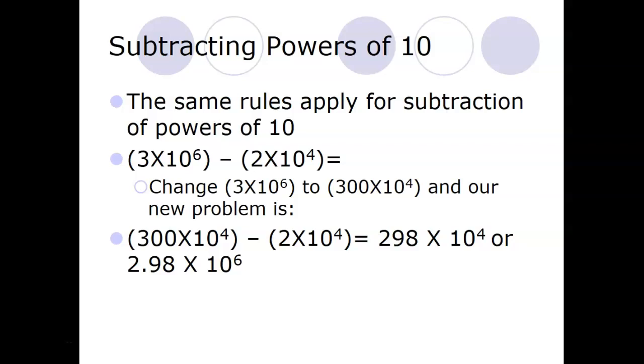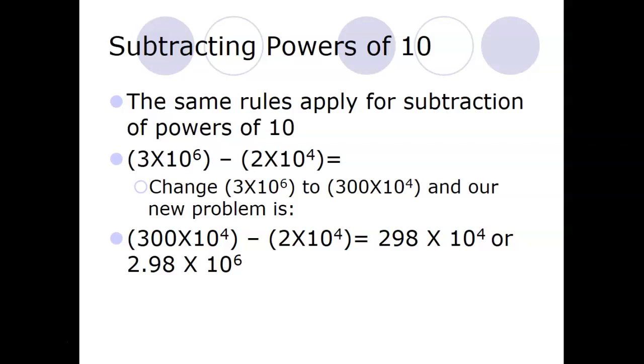So I could leave it as 3 times 10 to the 6th minus, well, if I do that, 3, 4, 5, 6, I'm going to have to use a 0 that's out here, just kind of hanging out here, right? So it's minus 0.02 times 10 to the 6th. That's one way to write that, right?